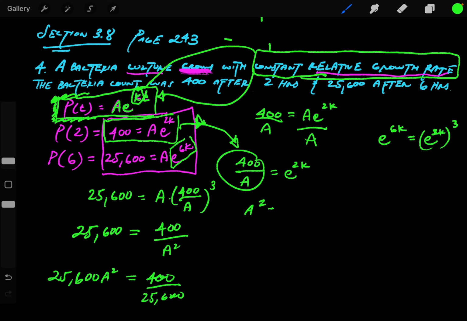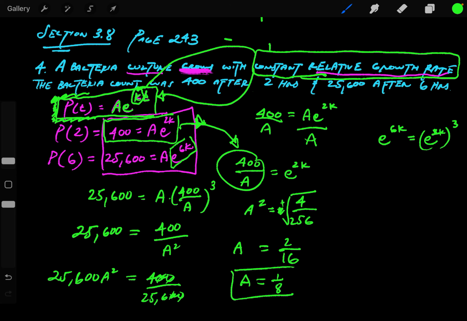A squared is equal to, it cancels, 4 over 25, right? And it's nice because this tells me that a is 2, because it's the square root. I only take the positive. 256 is 16? And this is 1/8.